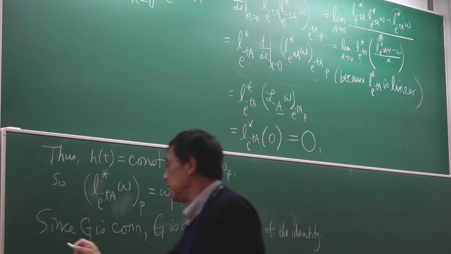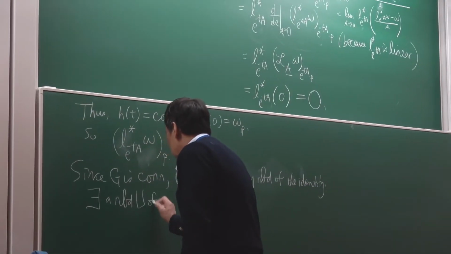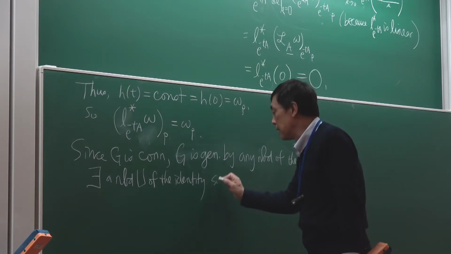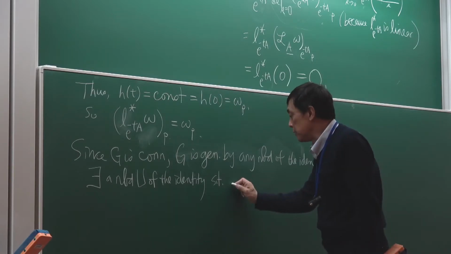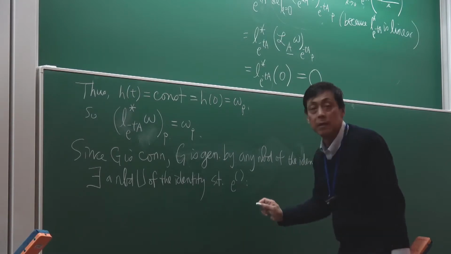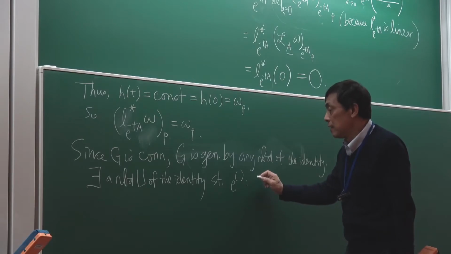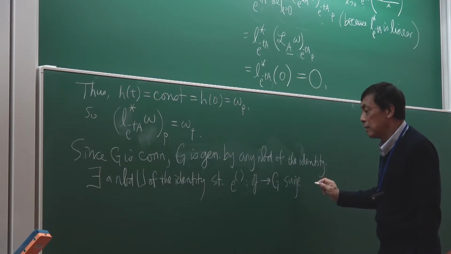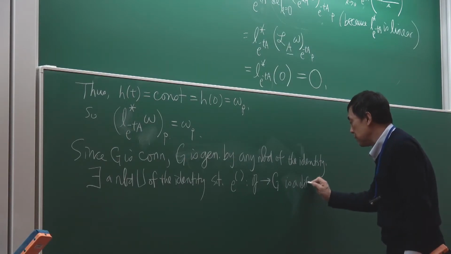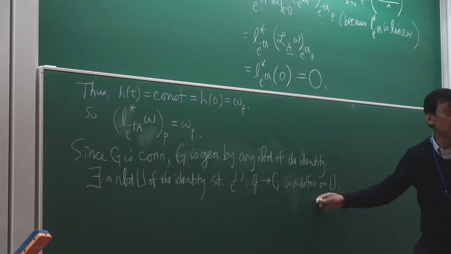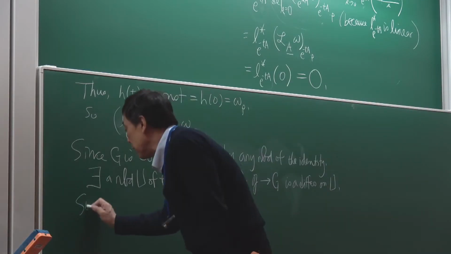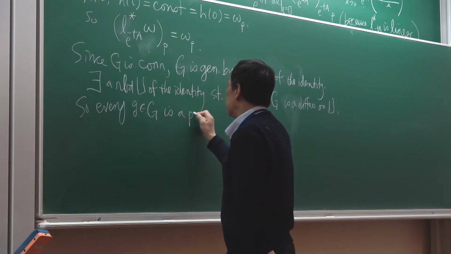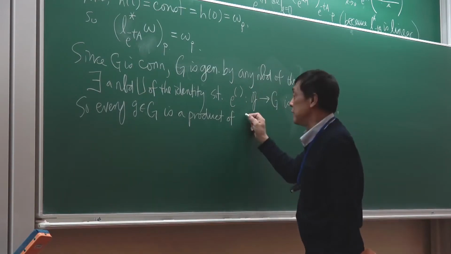And there is a neighborhood U of the identity such that the exponential map from the Lie algebra to the Lie group is a diffeomorphism on U. And so every g in G is a product of finitely many exponentials.